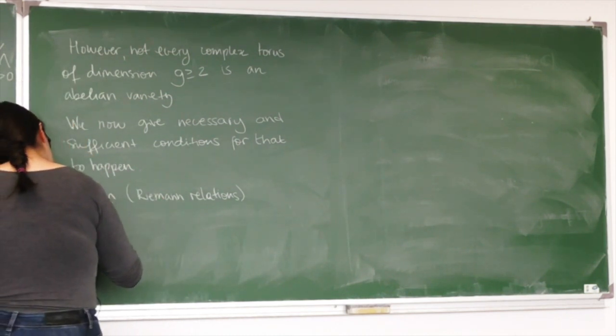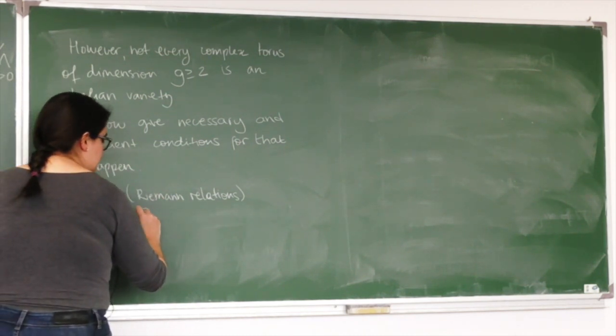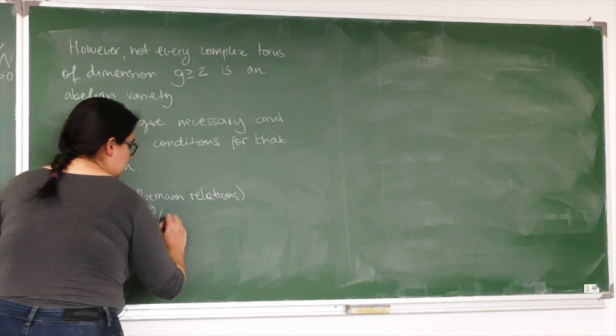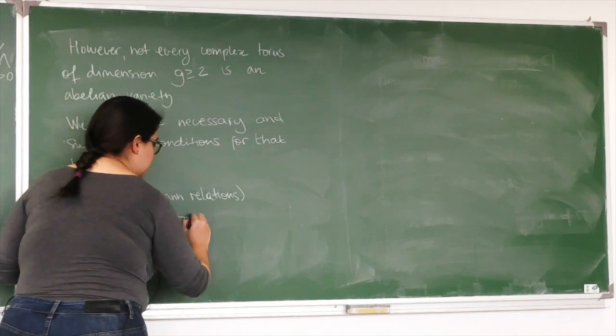So let X be a complex torus, but we take it already with the period matrix pi.